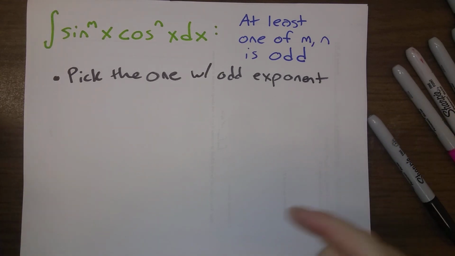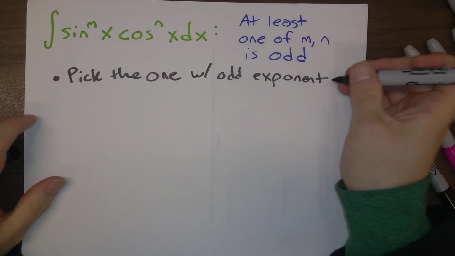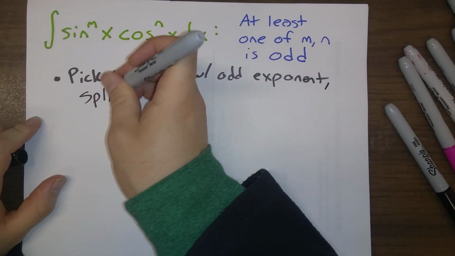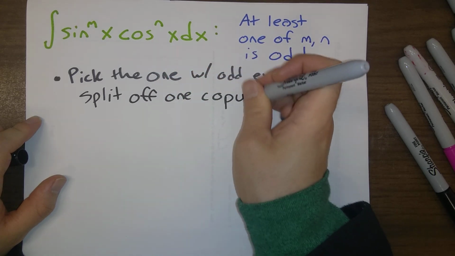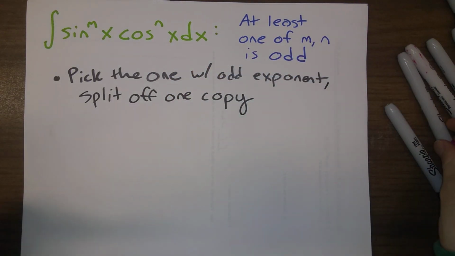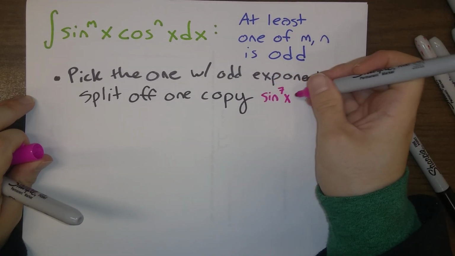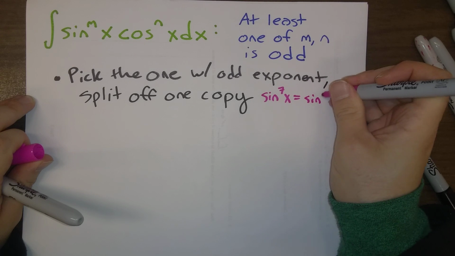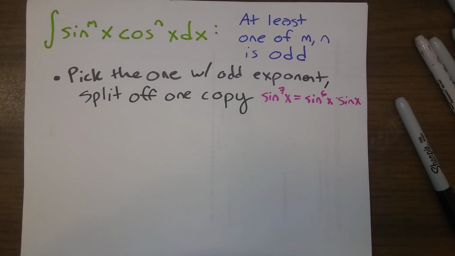That's a nice situation. So pick the one with odd exponent and split off one copy. For example, we could say sine to the 7th of x is sine to the 6th x times sine x. We're going to split off one copy of sine x.